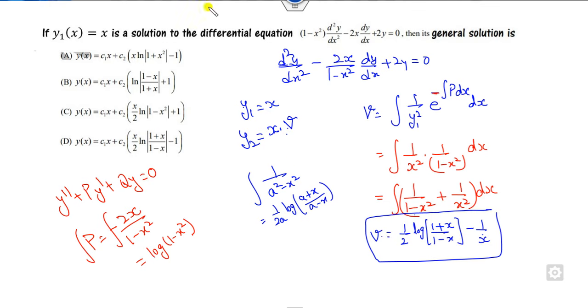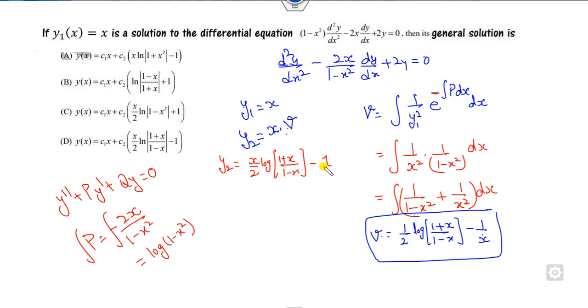So the second solution will be x by 2 log of 1 plus x over 1 minus x, minus 1. So clearly this is the solution of the problem, because 1 minus x square is here, this is cancelled out, only the D option is correct.